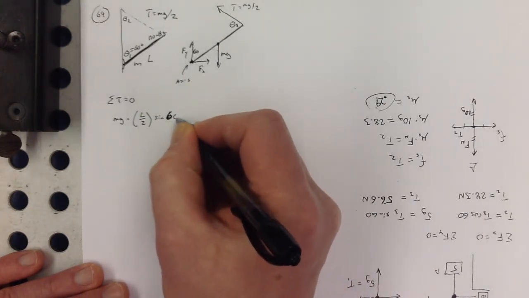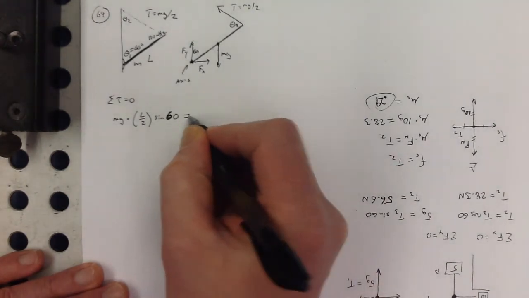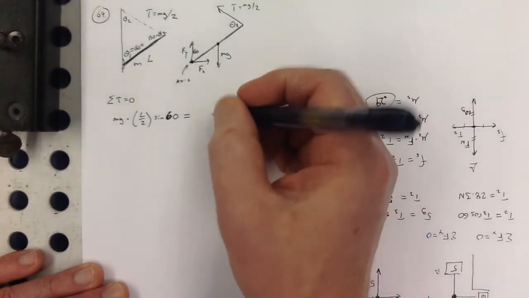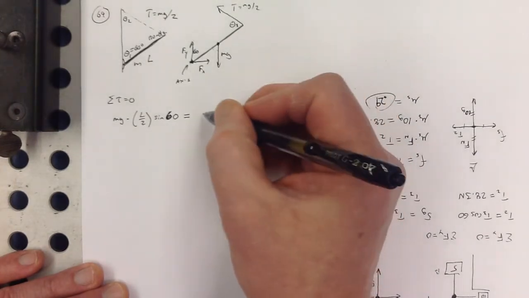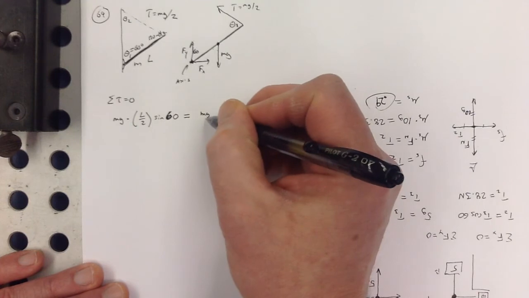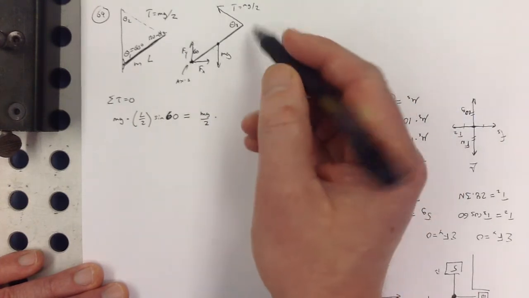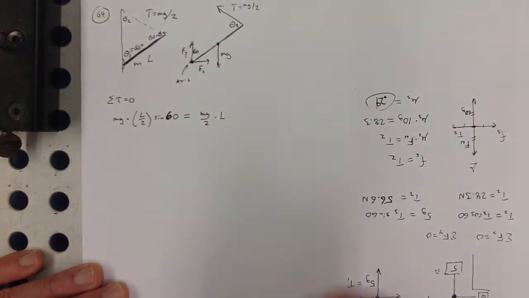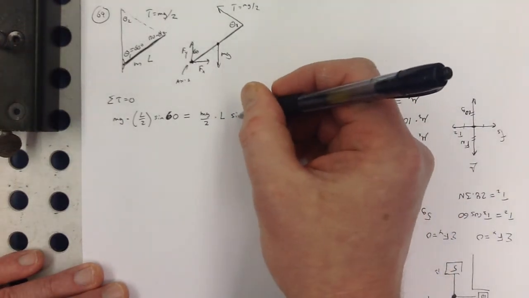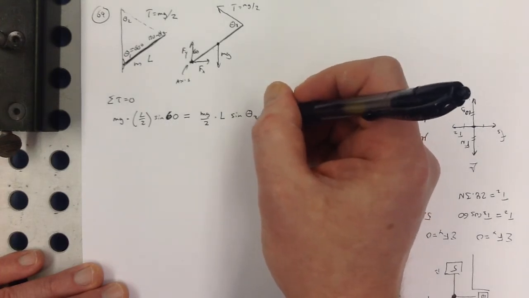And that must be equal to this other torque here, where I have the magnitude of the force, mg over 2, times the full length, that's acting at the full length of the rod, times the sine of some angle theta 3 that I don't know yet.